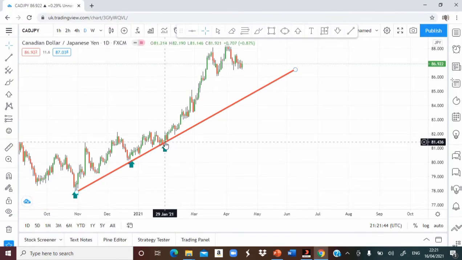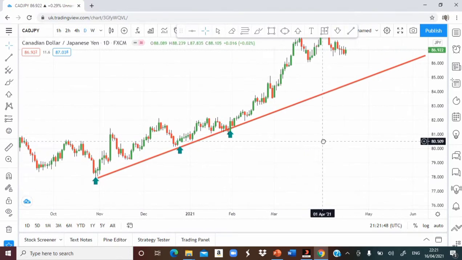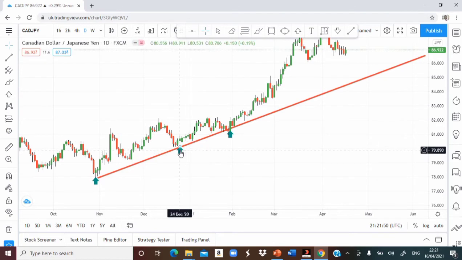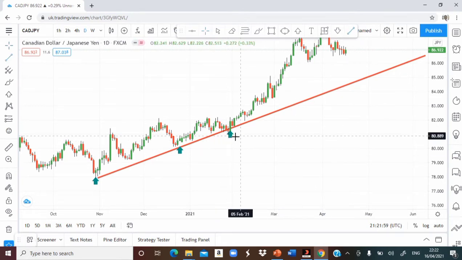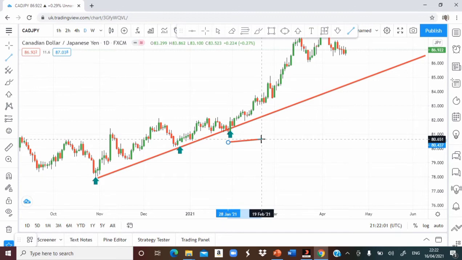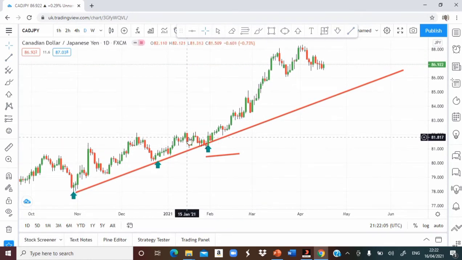If you look at this candlestick, let me zoom in. This was the entry point here, and your stop loss will be down here. Then you can trail the trend, or you take your profit in the next zone, because even trend lines have zones.